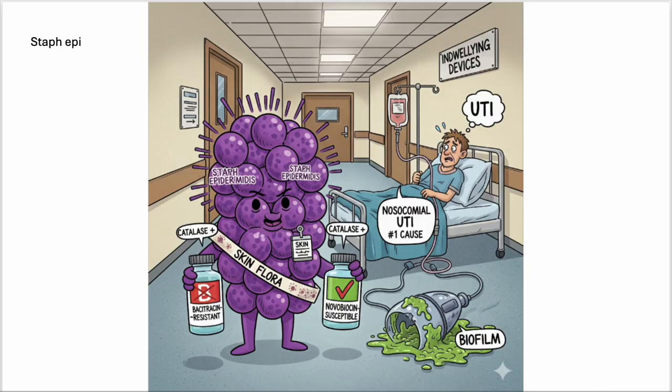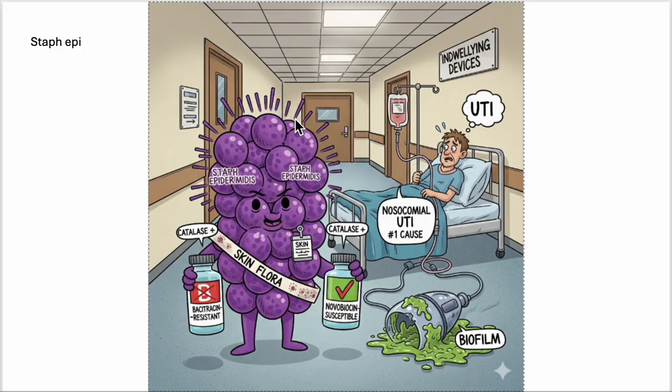As epidermidis, staph epi is normal skin flora as well as mucous membranes. It is the number one cause of hospital acquired UTIs, and that's typically due to catheterization or indwelling devices. So shunts could also be in there as well. And here's our little happy, or I don't really know if he's angry, but it looks like a cluster of eggs because it's gram positive. And we know that the gram stain positives turn purple with the crystal violet.